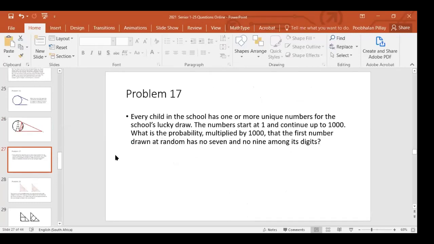Now, problem 17. Every child in a school has one or more unique numbers with the school's lucky draw. The numbers start at 1 and continue up to 1,000. So each child has got one or more numbers from 1 to 1,000.